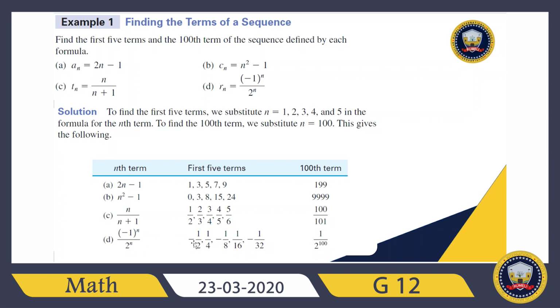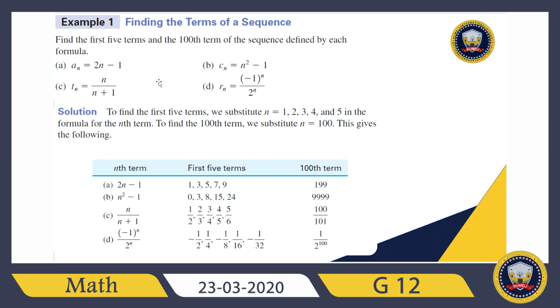So for each one of these formulas we can get a different term, and we call this term c_n, or the nth term, or the formula of this sequence. So the formula of this sequence is the nth term of this sequence.